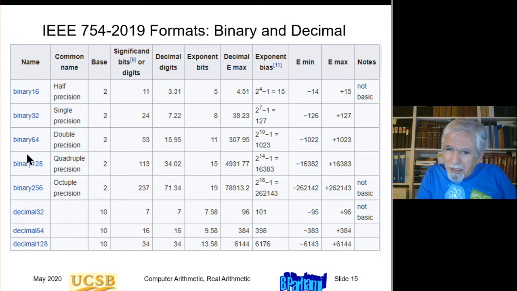For decimal, it doesn't make sense to go to the 16-bit format. And so the base here is 10. There are 7 digits in the significand, so 7 decimal digits. Now a decimal digit can be encoded in 4 bits, although more compact representations are also available.